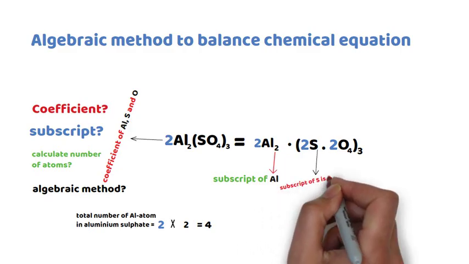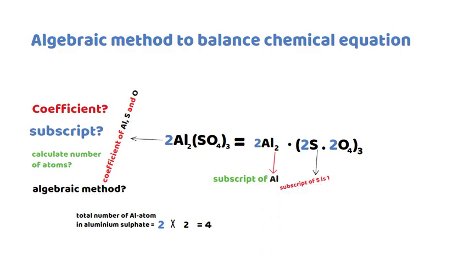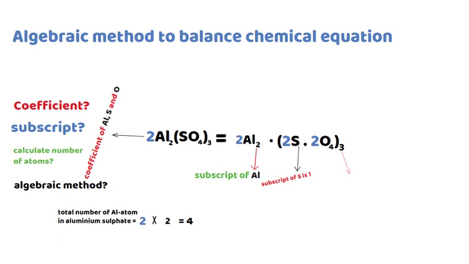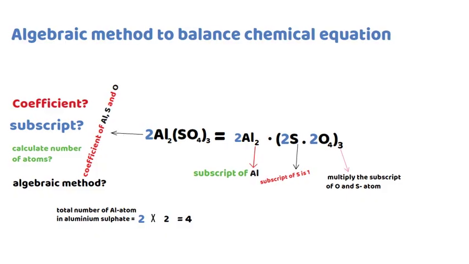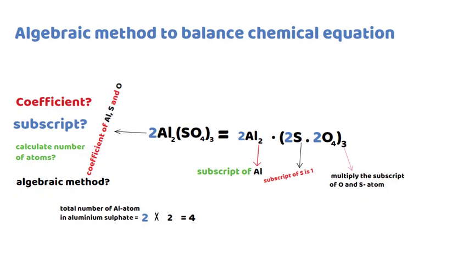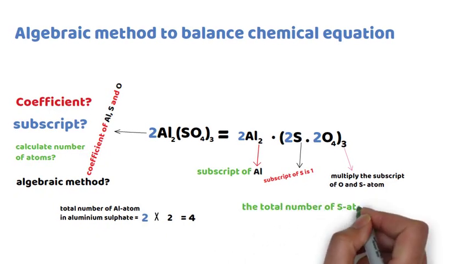The subscript of sulfur in aluminum sulfate is 1. It is understood, it's not written. This is the subscript of sulfate, which multiplies the subscript of sulfur and oxygen in aluminum sulfate.